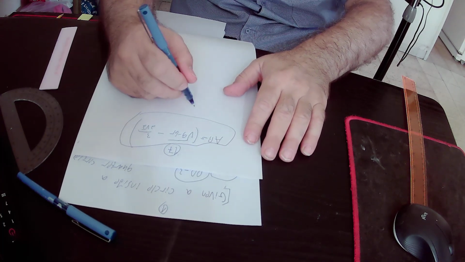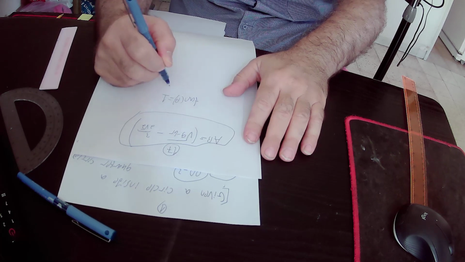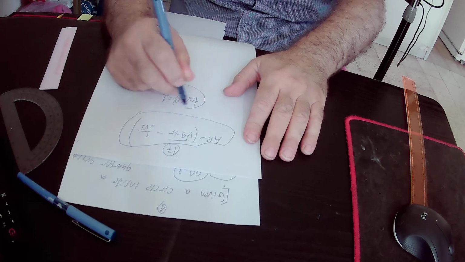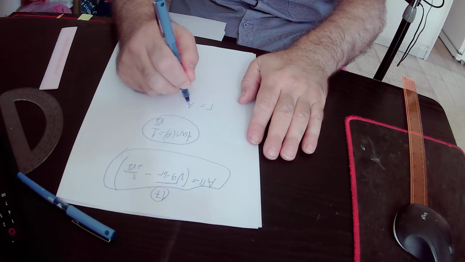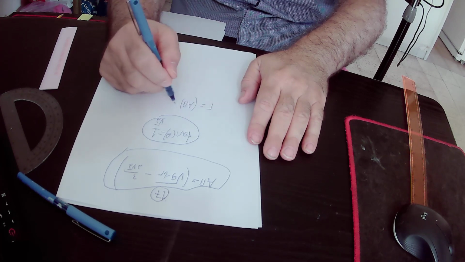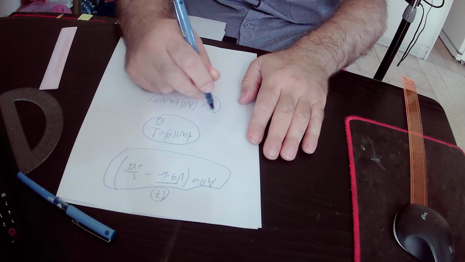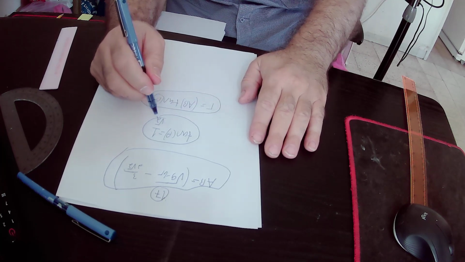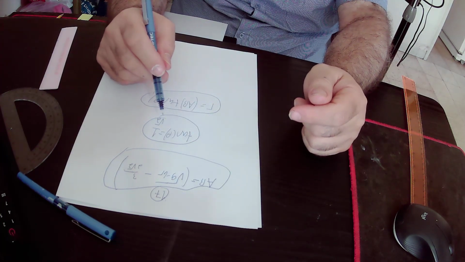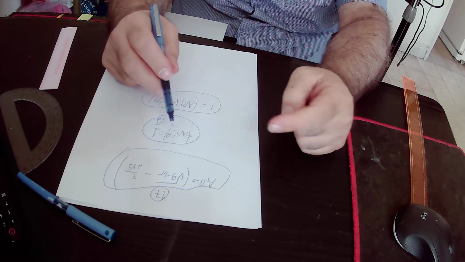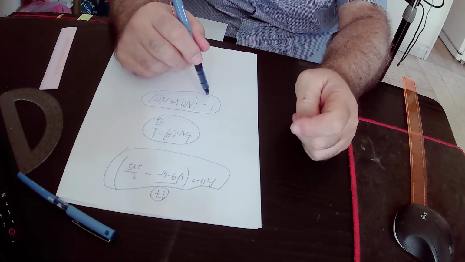We have already found out that tangent theta equals 1 over root 2, and we know that the radius of the small circle equals AB times tangent theta. So the only thing left to do is to multiply AB by tangent theta, and this will be the radius of the small circle.